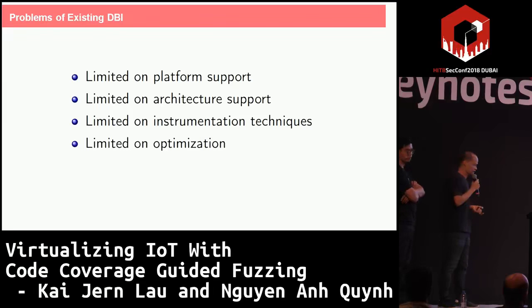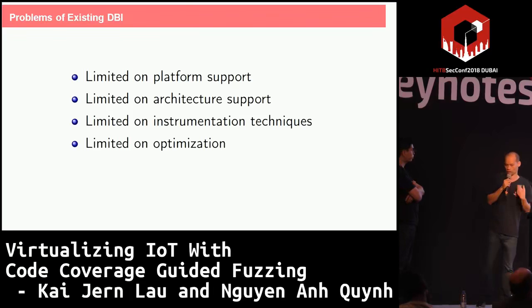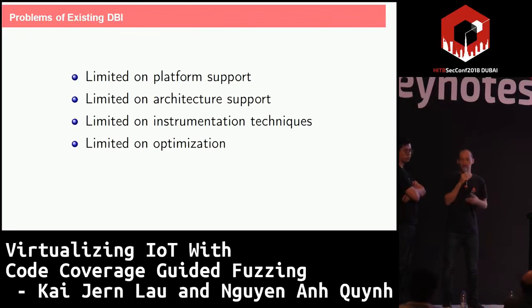At the time we decided that we wanted to build our own guided fuzzer for embedded systems. We tried to find some DBI that can work for embedded systems, but it turned out that nothing works because all the existing DBI have many limitations. They are limited on platforms. They're limited on CPU architecture.